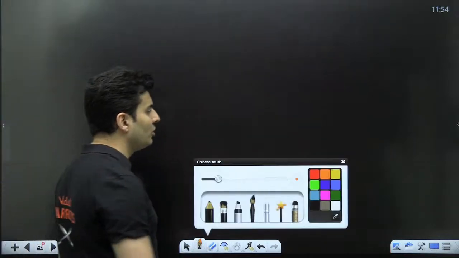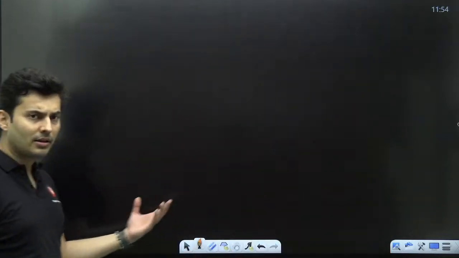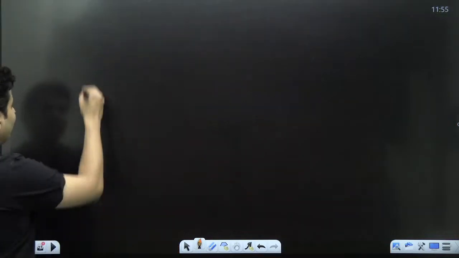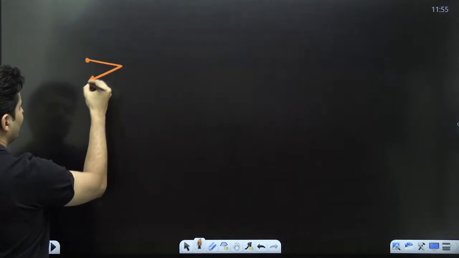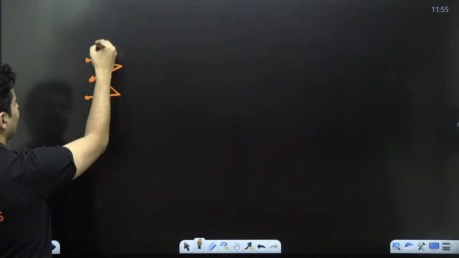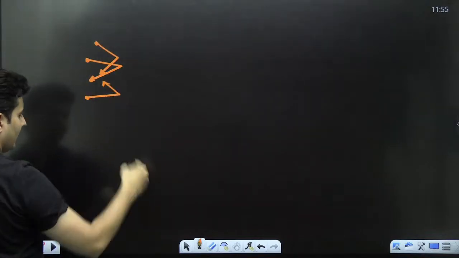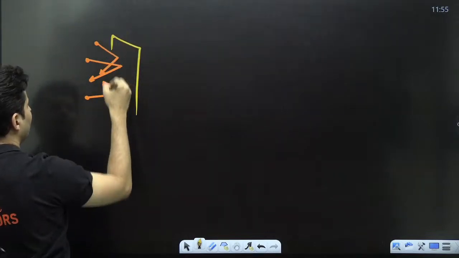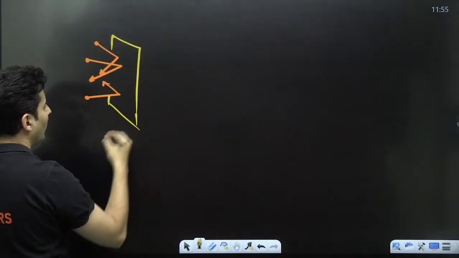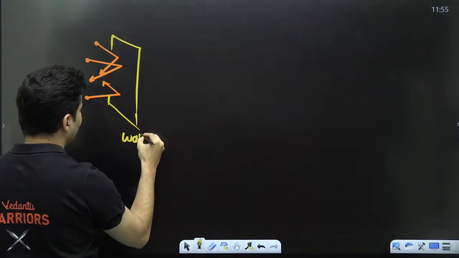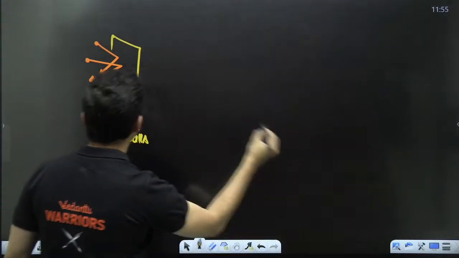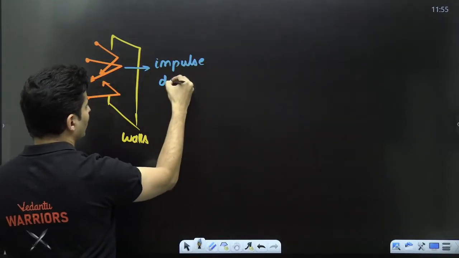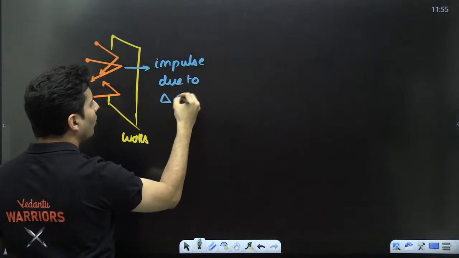Next important thing which you should know regarding the gas laws, or rather the kinetic theory of gases, is that when these molecules hit the surfaces or the walls of the container, they exert impulse due to change in the momentum.